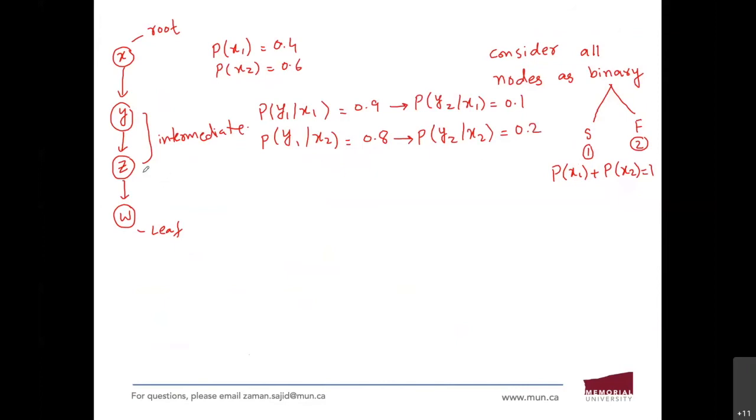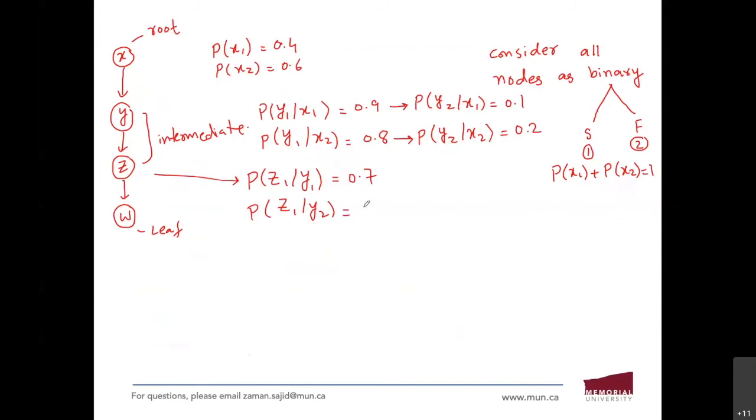Now let's come to this variable z. If I have the probability of z1, given that again there are two states of its parent y, this is y1 and this is my y2. For example, this value is 0.7. So I can find out the P of z2 given y1 as 0.3.